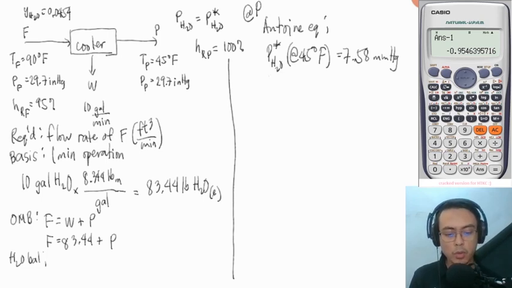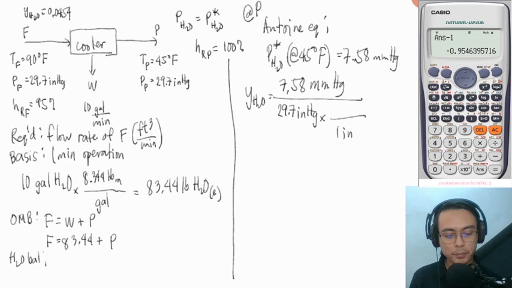Okay, now the mole fraction of water in the product is equal to the vapor pressure, which is equal to the partial pressure, 7.58 millimeters mercury, divided by the total pressure. This is an isobaric process, meaning constant pressure, so it's still 29.7 inches of mercury.